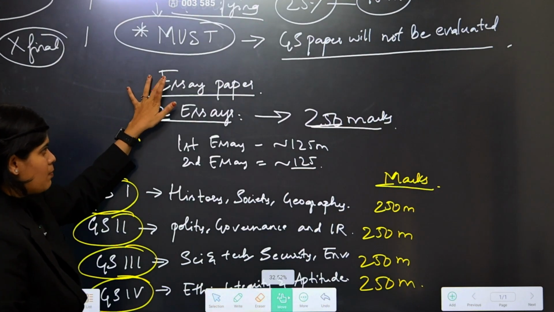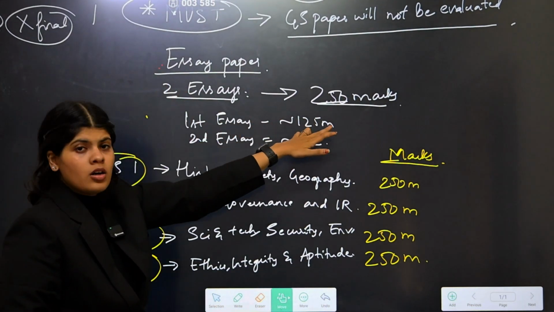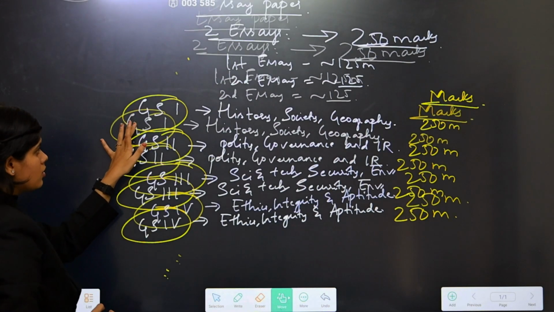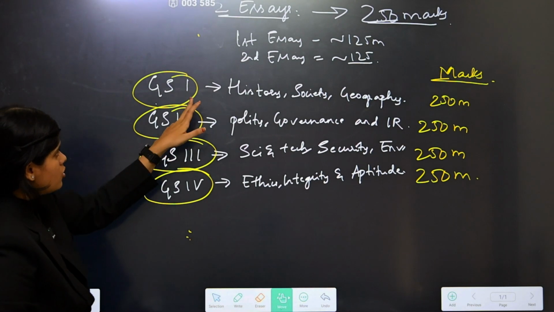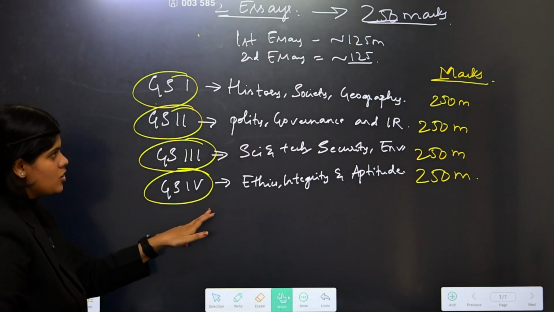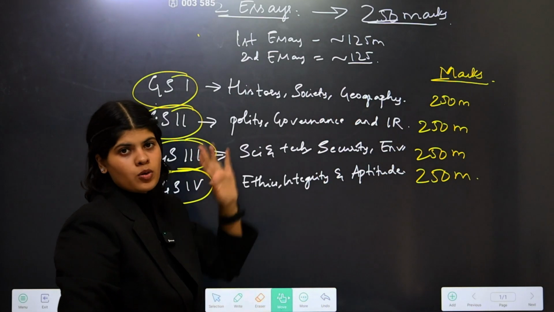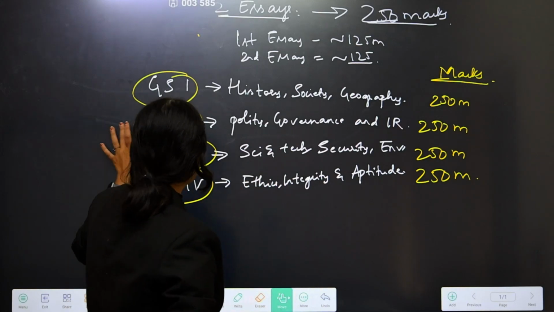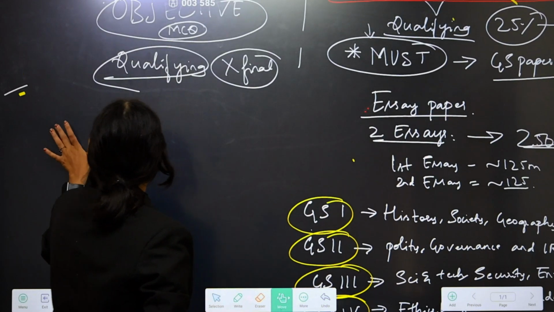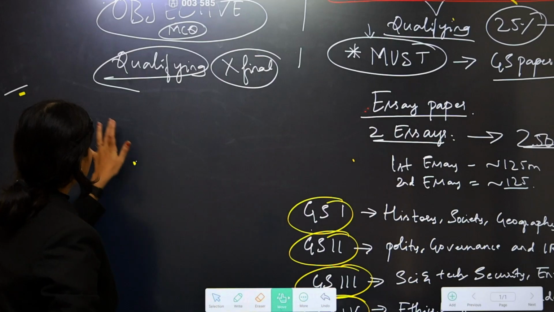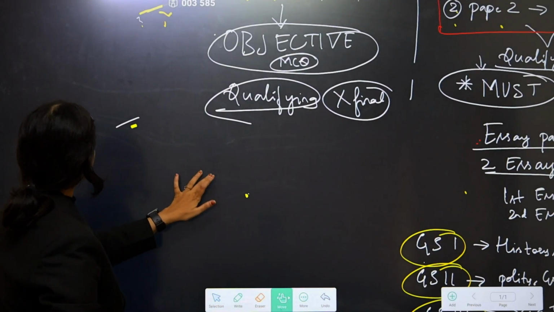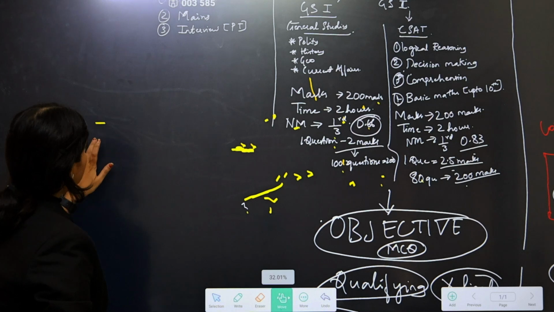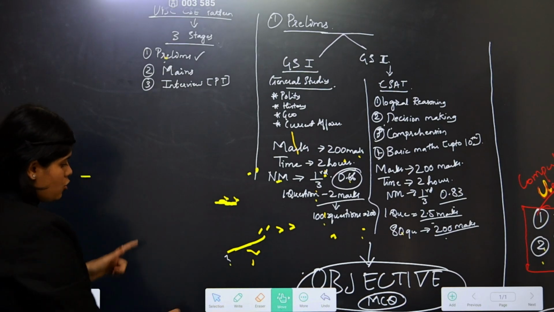So here the essay paper is also 250 marks. You will have 2 essays. Then your GS1, GS2, GS3, GS4, each is also going to carry 250 marks. So this is the second stage of your examination.